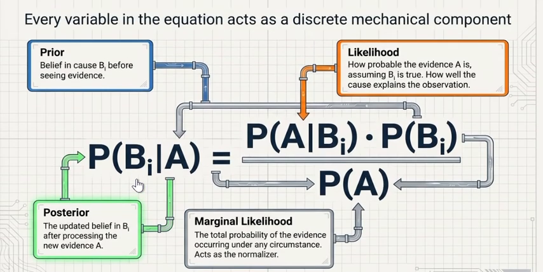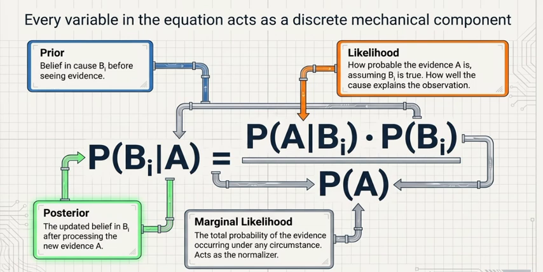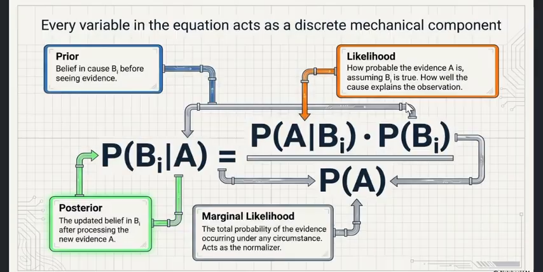Now, this is the formula of Bayes theorem. The term P(Bi) is the prior. The next term is the likelihood, which means P(A given Bi), and likelihood means how probable the evidence A is if Bi is true.